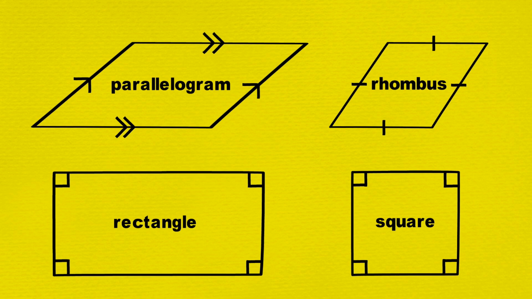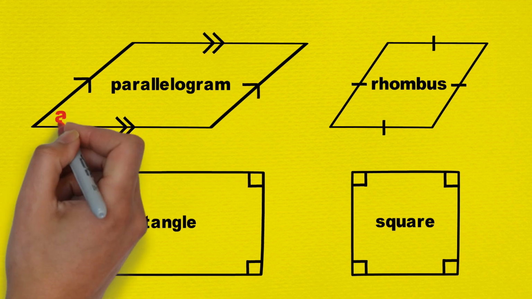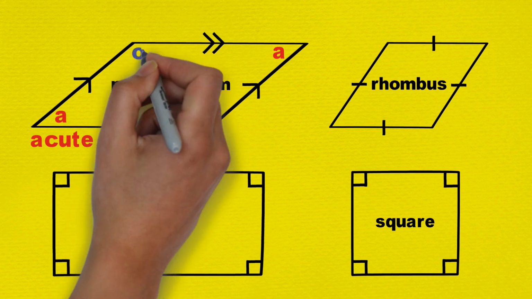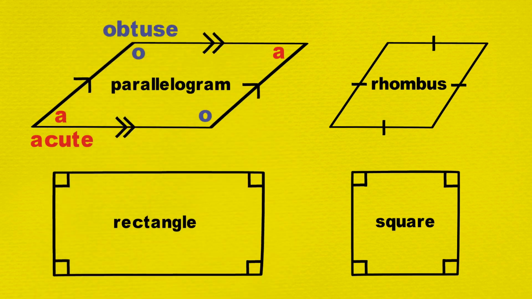Yes, Max, a square is a rhombus, and it can also be described as a parallelogram and a rectangle, added Min. And if you look at parallelograms other than rectangular ones, you can see that they all have one pair of opposite acute angles and one pair of opposite obtuse angles.